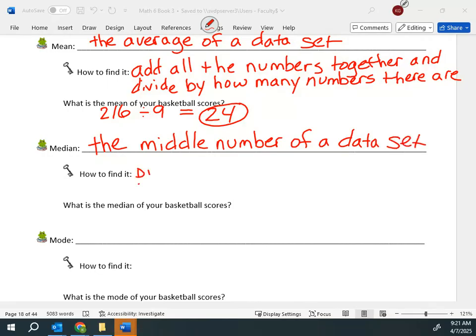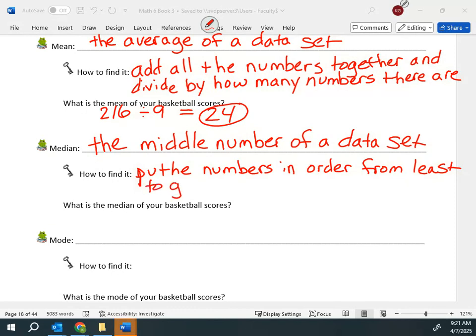We put the numbers in order from least to greatest. And then find the middle number.